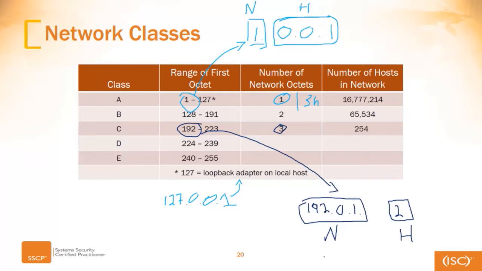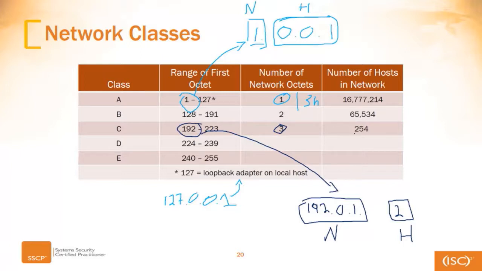So in the 192.0.1 network, .2 is an individual host, .3 is an individual host, .4 is an individual host. When I go to the 192.0.2 network, and I have .2 host, .3 host, .4 host, those are all unique hosts. They are different from the hosts in 192.0.1 because 192.0.1 is a different network from 192.0.2. Again, it's important to understand and differentiate so we can tell that each host is unique.